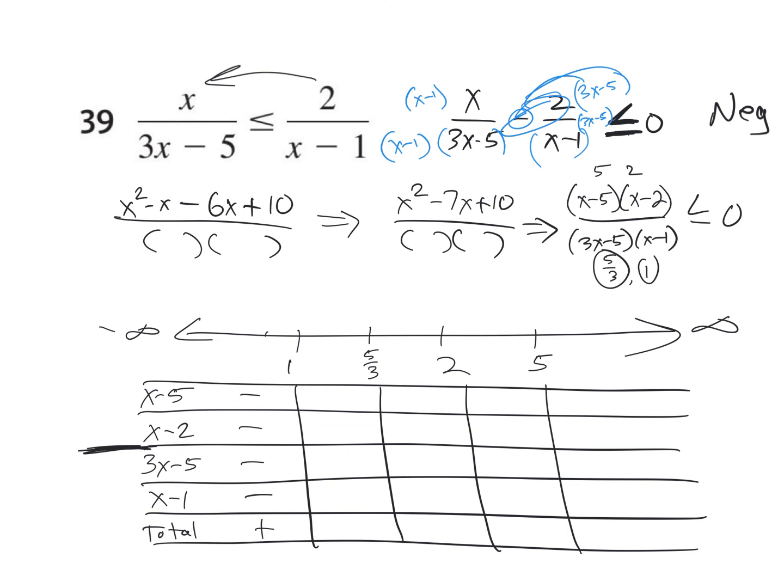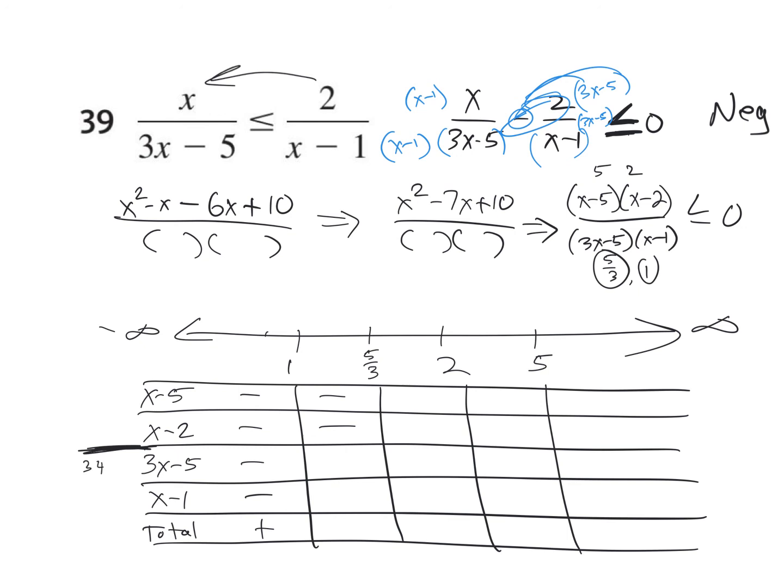Between 1 and 1 2/3, you might as well put 1 and 1/3 or 4/3 in. So 1 and 1/3 is 1.3. Looking at it as a decimal makes it easier. We just want the positive and negative. You don't have to solve it. So 1.3 minus 5 is negative. 1.3 minus 2 is negative. 3 times 4/3.